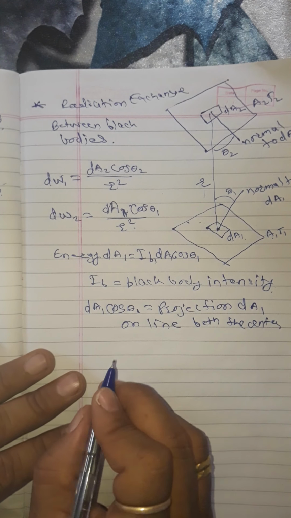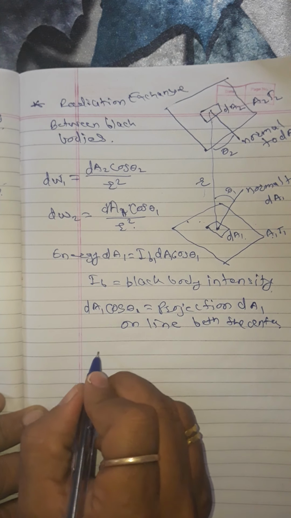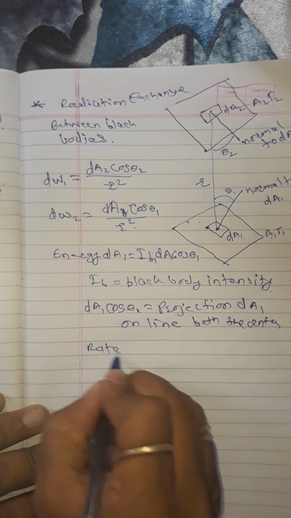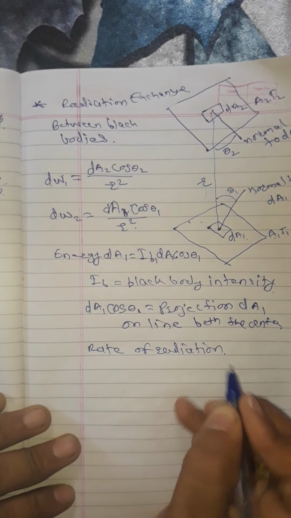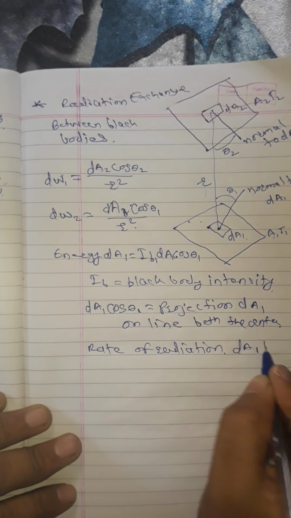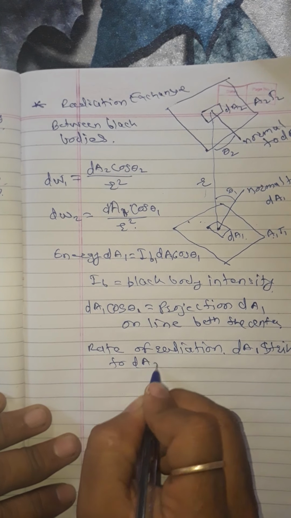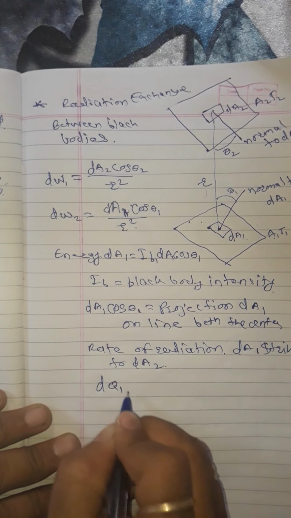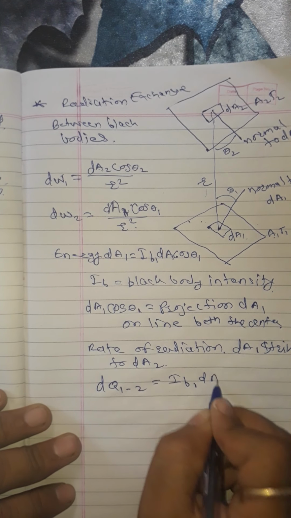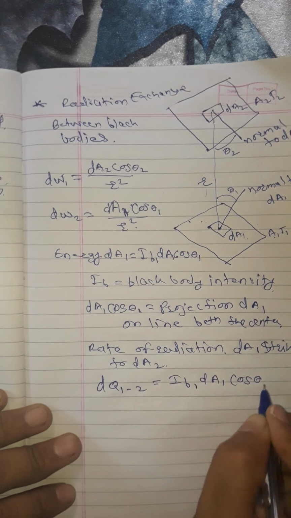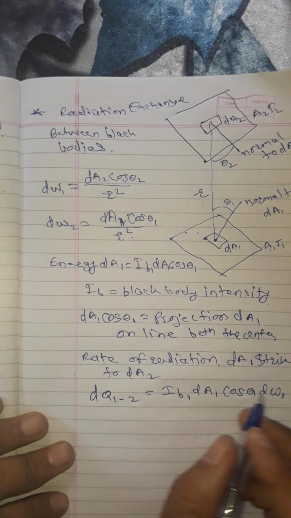So the rate of radiation energy from dA1 striking dA2, that is dQ1 to 2, is equal to IB1 dA1 cos theta 1 d omega 1.